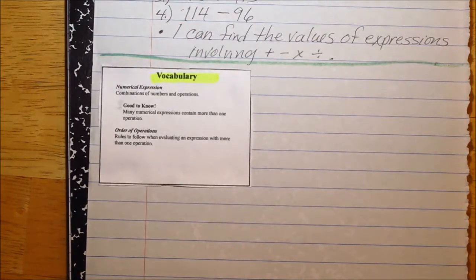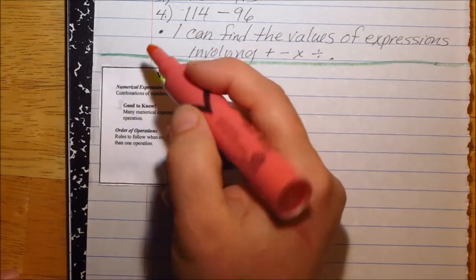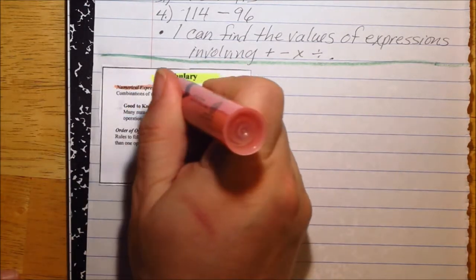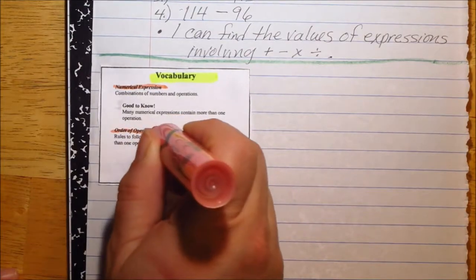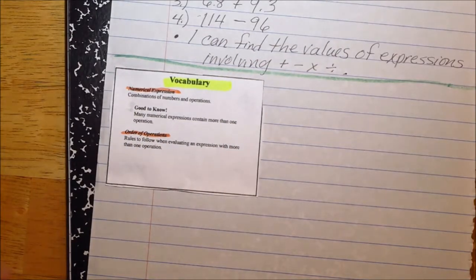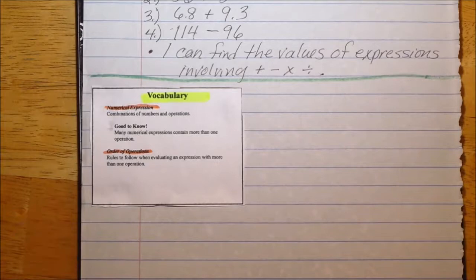This is some vocabulary, and then with my pink highlighter, I'm going to highlight the two pieces of vocabulary we'll be discussing here, and that is numerical expressions and order of operations. Okay, numerical expressions and order of operations.